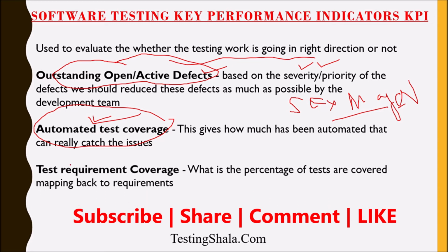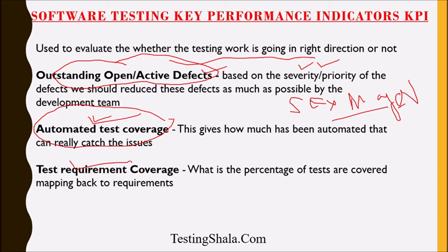The third is test requirement coverage. This is very important. Let's say we have 100 user stories or 100 requirements. Out of those 100 requirements, how many test cases have we derived? Based on the industry standard, we will have to evaluate it. What is the number of test cases we have covered based on these 100 requirements?